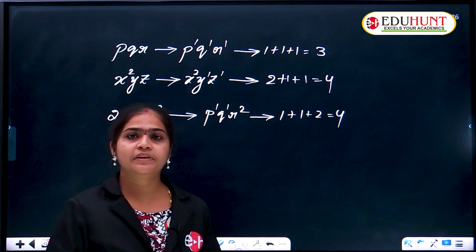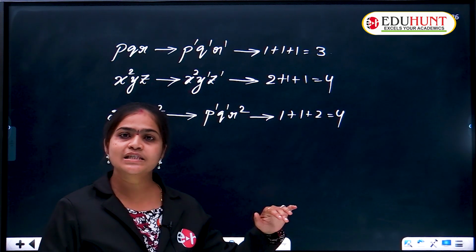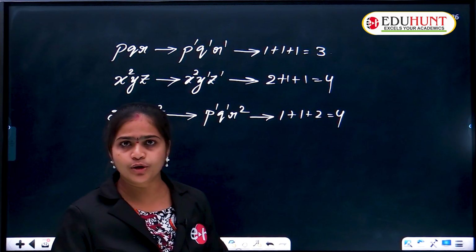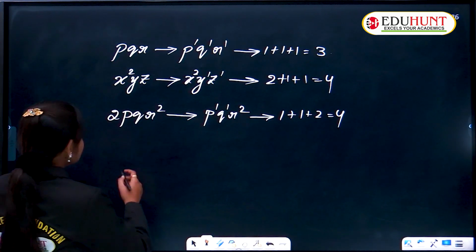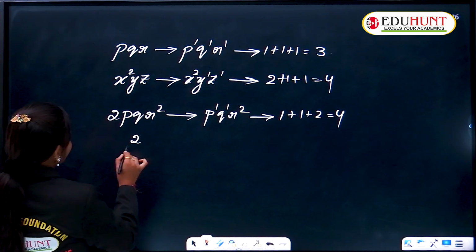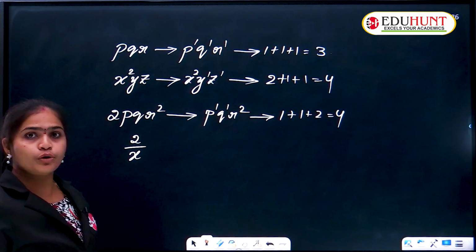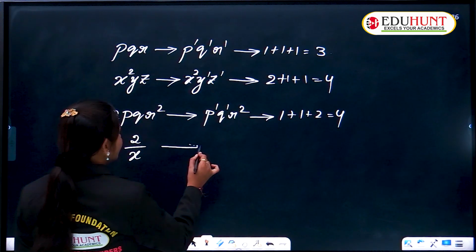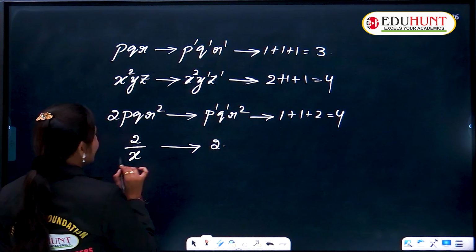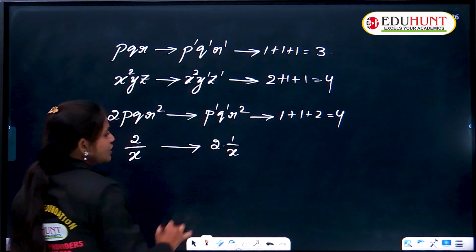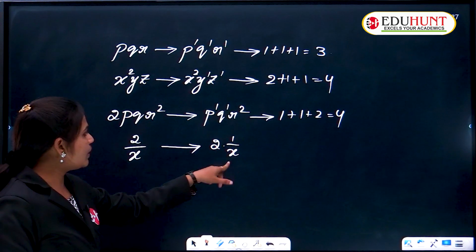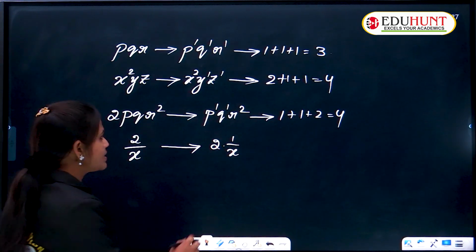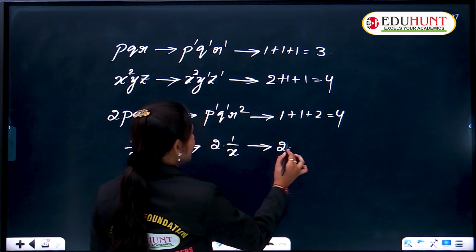I told you, if the powers are positive, then all of these are considered polynomials. What about multinomials? See here, for example 2 by x is also a term. We can write it as 2 into 1 by x, which is 2 by x.